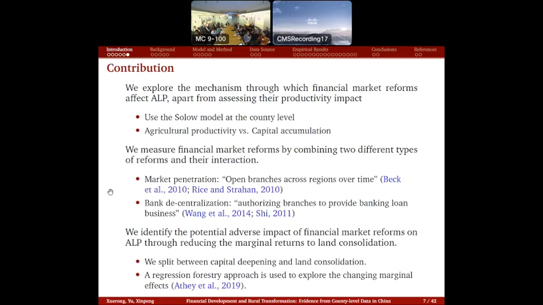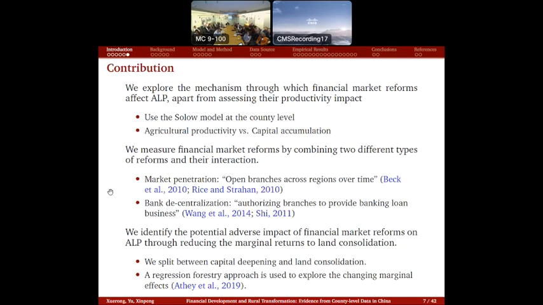We think our paper can contribute to the literature in at least 3 points. The first is that we follow a simple Solow model to see the mechanism and impacts through agricultural productivity and capital accumulation, these two mechanisms.